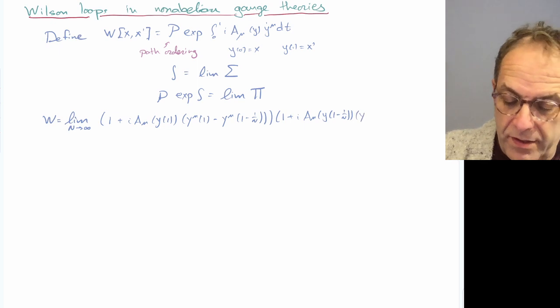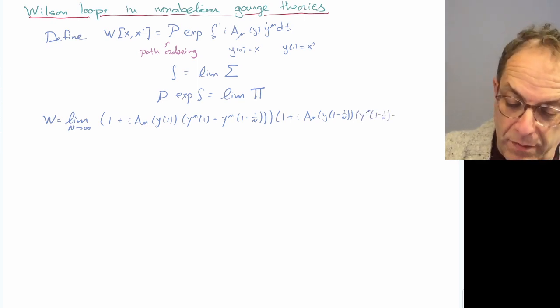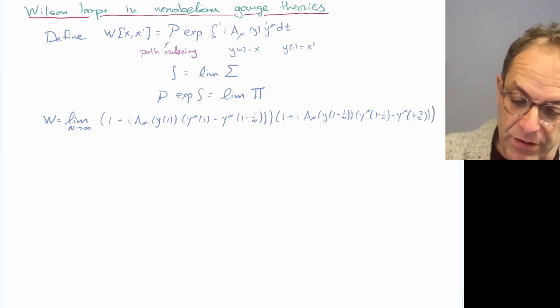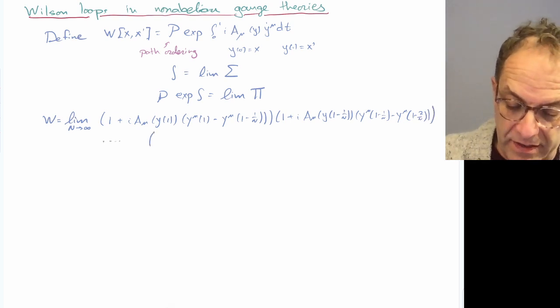And note that y mu of t minus y mu at the nearby point is similar to the derivative y dot that I had in the definition above.